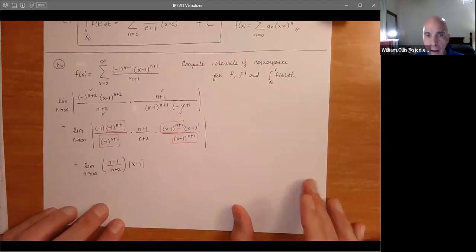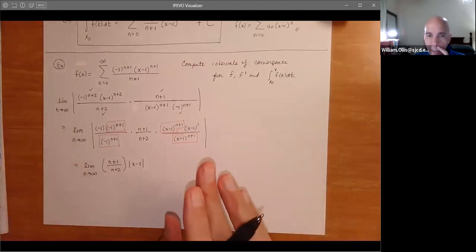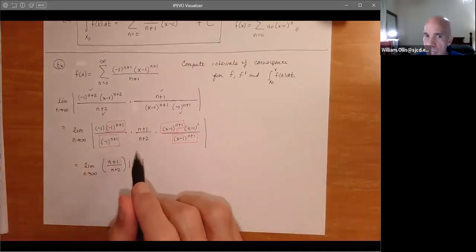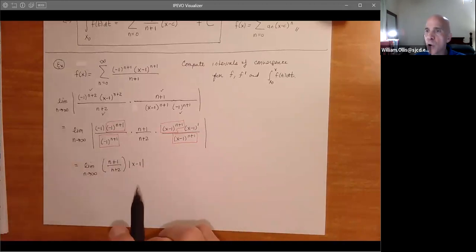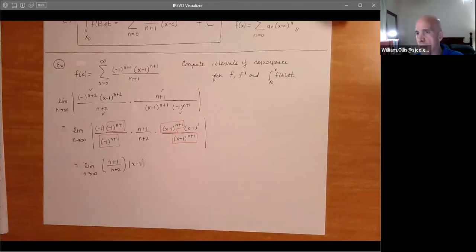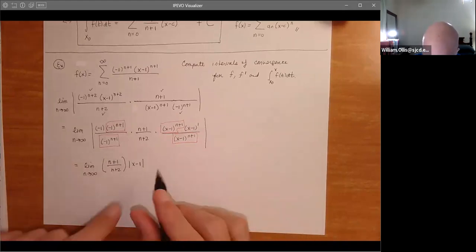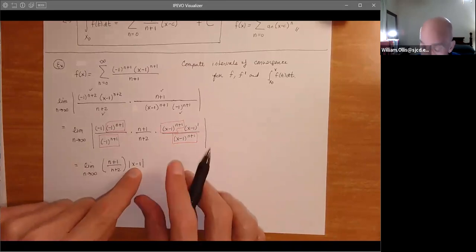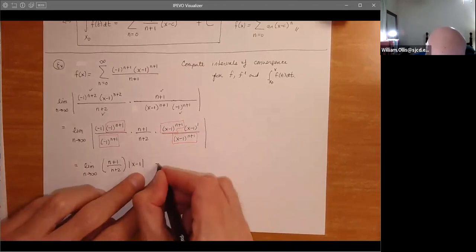So again, we always are probably better off looking at the ratio test just to be sure that we don't leave anything out. And I found this to be a little bit better at times when students start to get a little bit sloppy. I think this is worth the little extra time that it takes. So now, of course, the x minus 1 is independent of the n, so it can be factored.